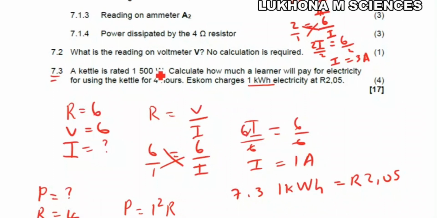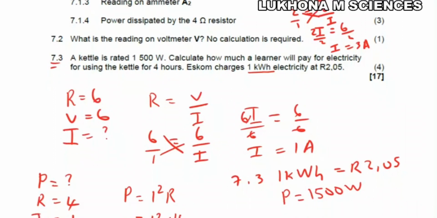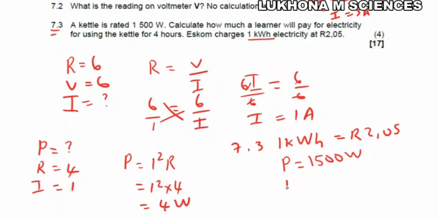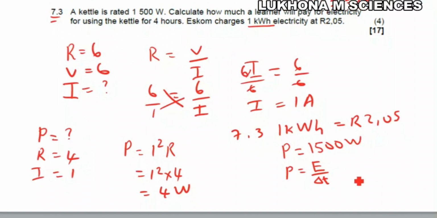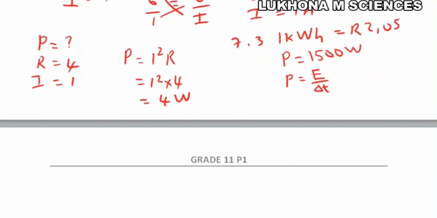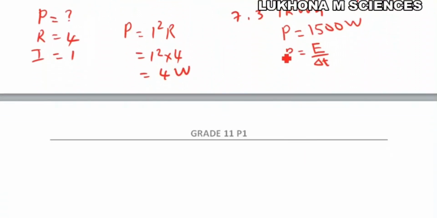So we're given the power, which is 1500 watts. Let's calculate the energy in kilowatt hours. Remember that power is equal to energy divided by delta T. If we want energy, we can cross multiply.